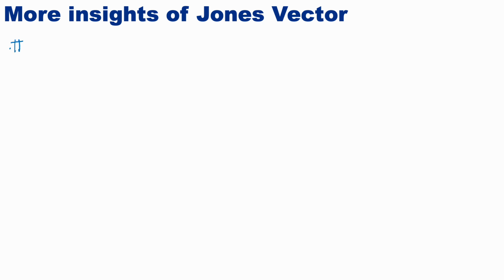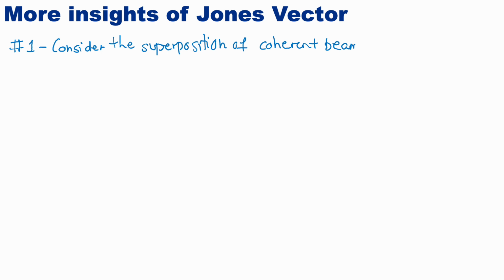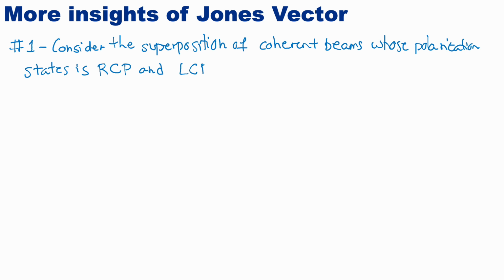So the first insight is, let's consider the superposition of two coherent beams, whose polarization states are going to be right hand circular polarized, and the other one is going to be left hand circular polarized.